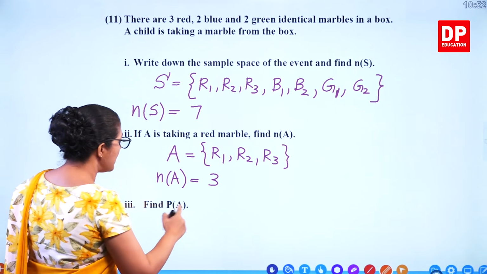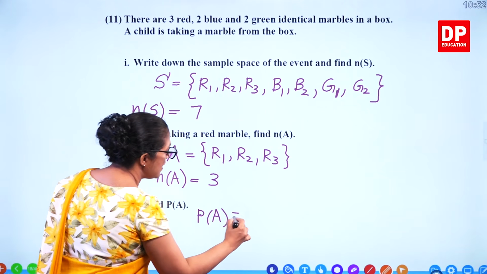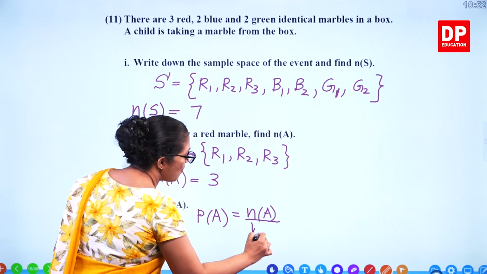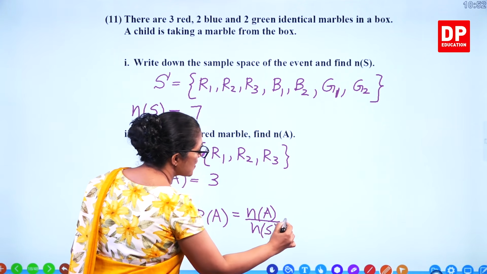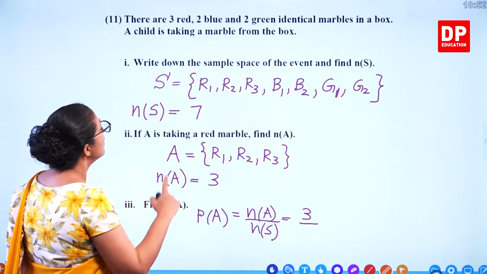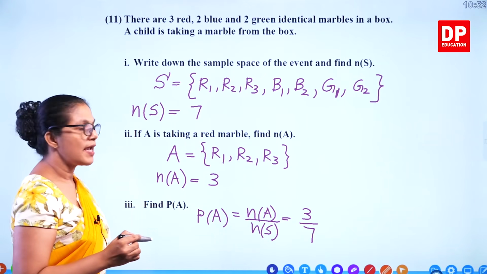So what's the probability of A? Probability of A is number of outcomes in A divided by number of outcomes in the sample space. So 3 over 7. So that's the probability of getting A.